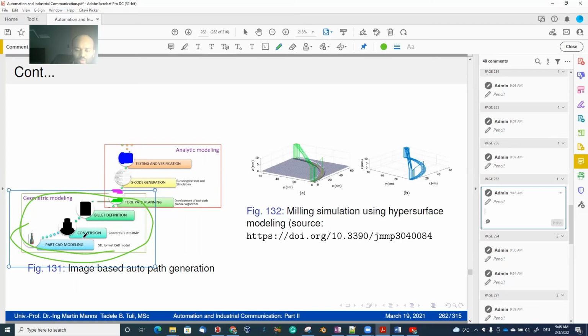So I had to convert into a binary image where only the part of the object and the part of the stock have to be matched, and then I will subtract the model from the stock, and then I will get the part to be removed, as you see here. Then finally, I will get the result.